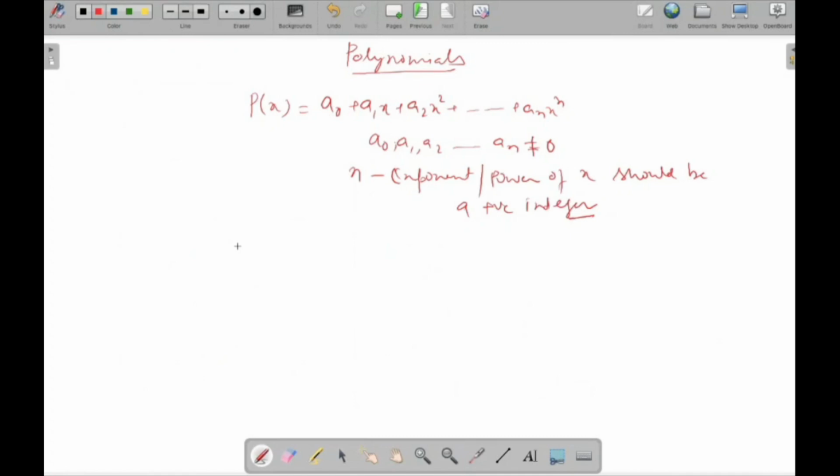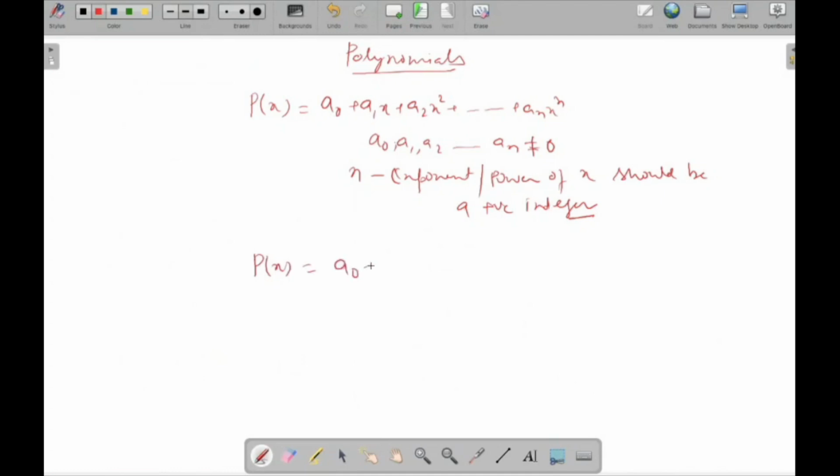For example, one of the simplest polynomials we know is p(x) equals x.